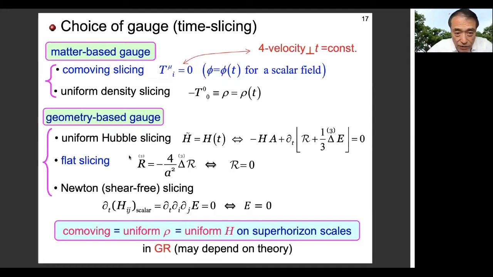So this gives you the flat slice, which in some sense minimizes the effect of deformation in the geometry. If you write down the equations of motion for a matter field on this flat slicing, then the equation looks most similar to what you would find in flat Minkowski space.